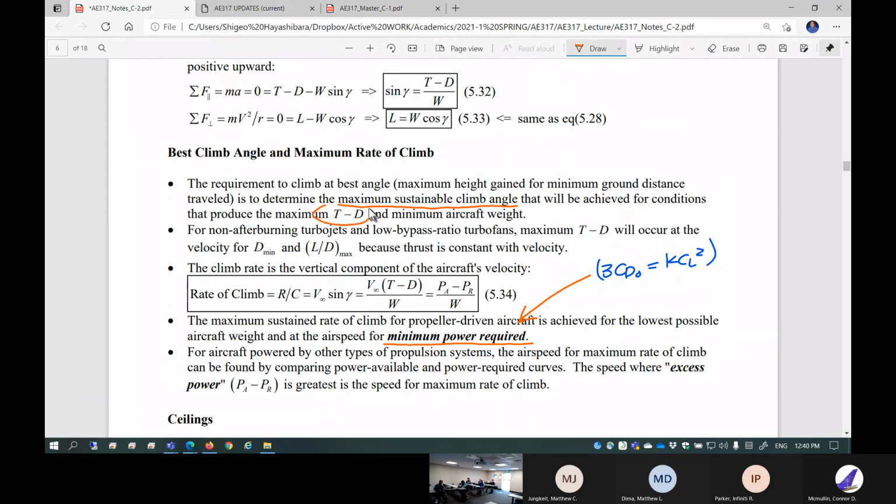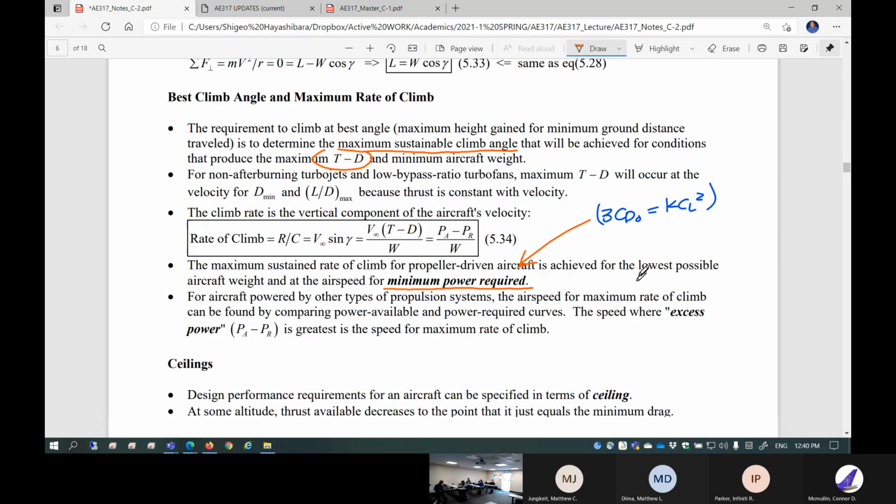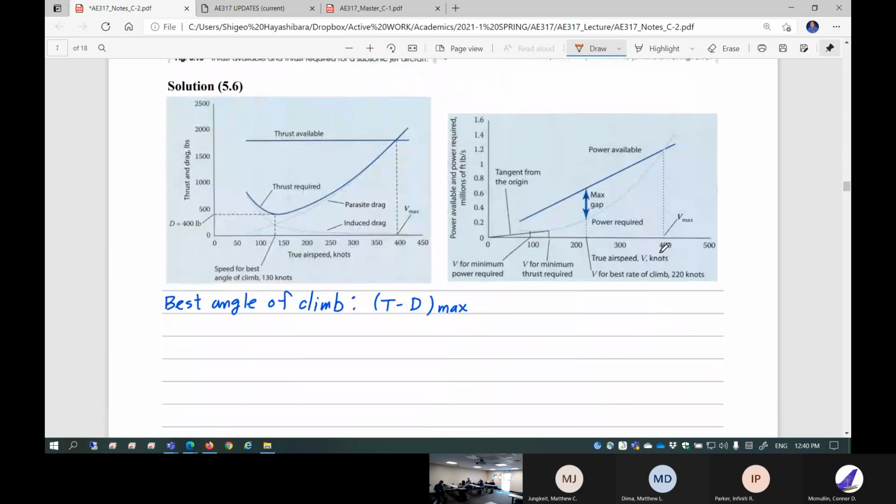Maximum T minus D, minimum aircraft weight you cannot control. So coming from this equation, T minus D should be maximum. W is minimum. That's going to make this path angle maximum. That's the maximum sustainable climb angle. The condition is T minus D is maximum. That's the only condition. Here we go.